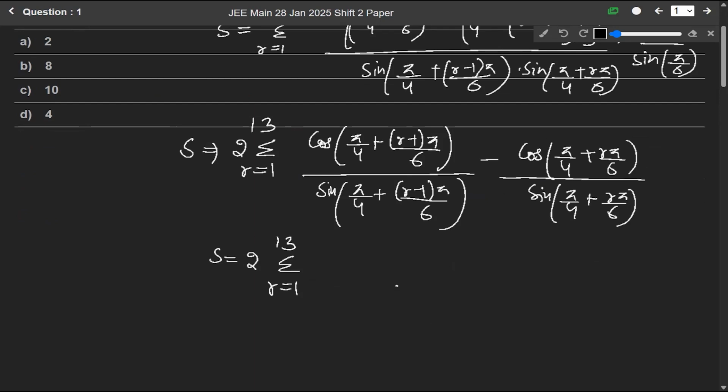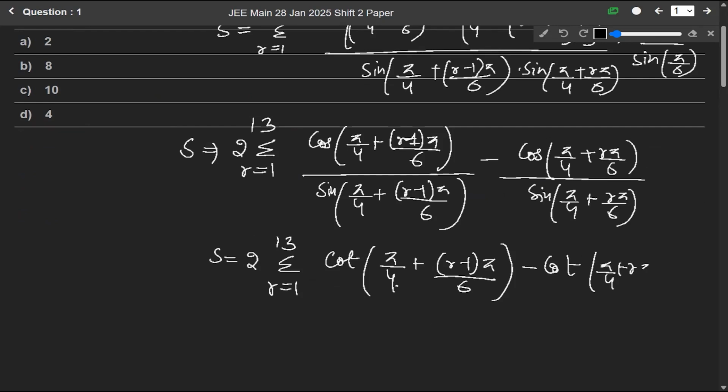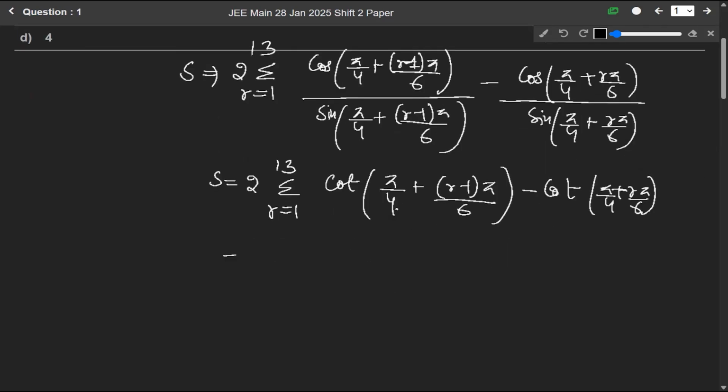Cos over sine is nothing but cot. So it will be cot(pi/4 + (r-1)pi/6) minus cot(pi/4 + r pi/6), with the limit from r equals 1 to 13.